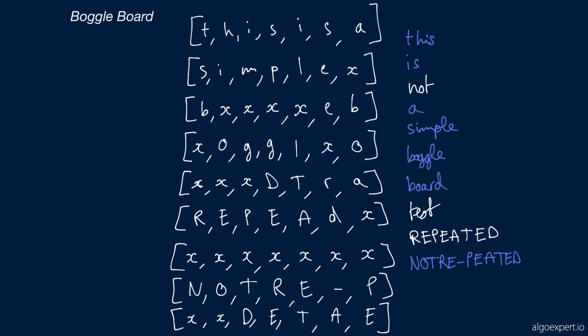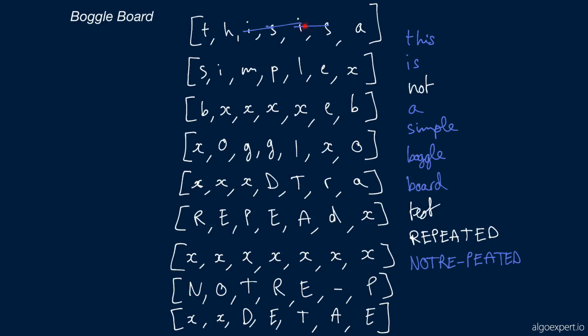So for this example in front of me, all the words written in purple, like this and is and a, simple, etc., are actually contained in the boggle board. The ones written in white are not contained in the boggle board. So let's look at the ones that are contained. We can immediately see this at the top here. This is a, and by the way, you'll notice that is already appears multiple times. If I undo these lines, we can see that is appears here, here, and here.